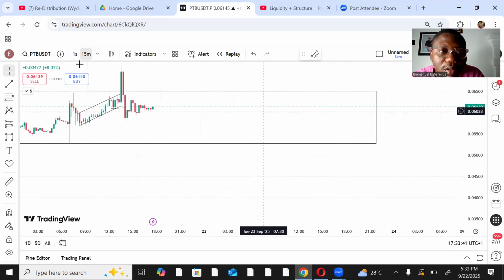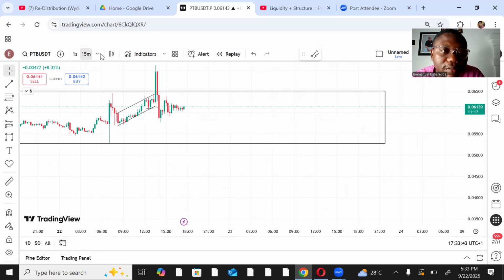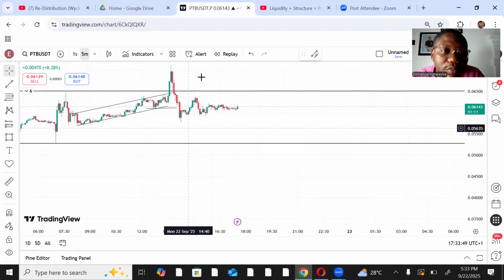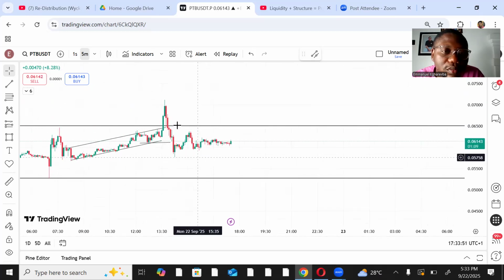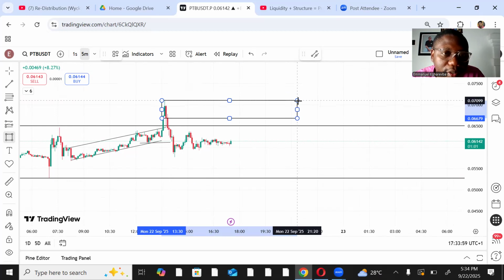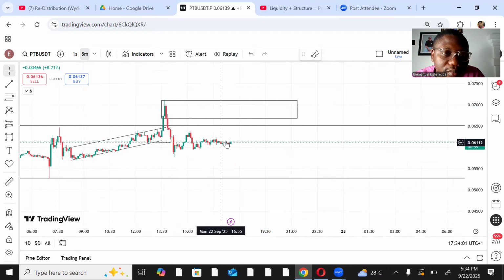structure. And if I scale down to lower time frame now and wait for all the fair value gaps to be filled, if there is none, then we should be thinking of filling a supply, probably somewhere around here. I see price is already generating the liquidity it needs, generating liquidity.